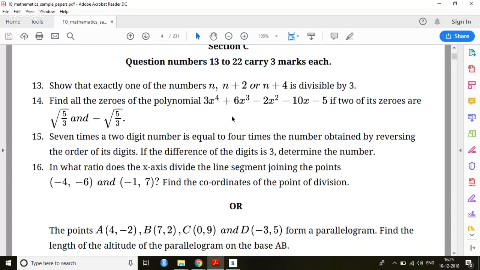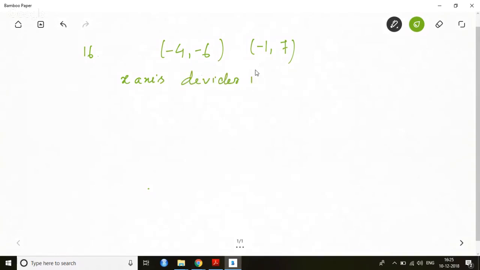So I am taking the two points minus 4, 6, and minus 1, minus 7. And suppose the x-axis divides it in 1 is to k ratio.